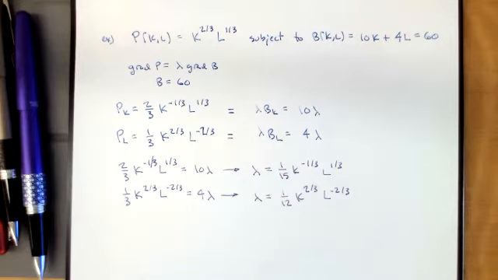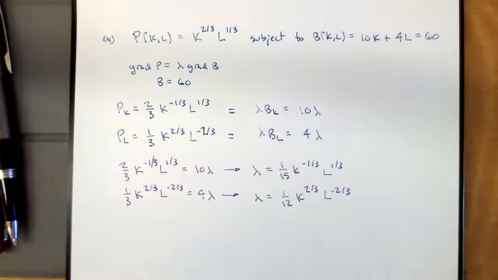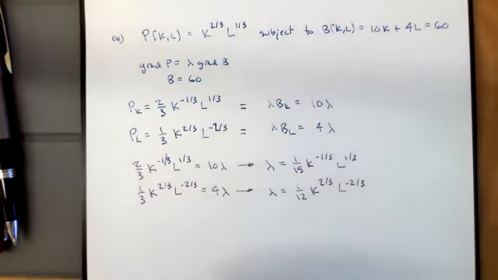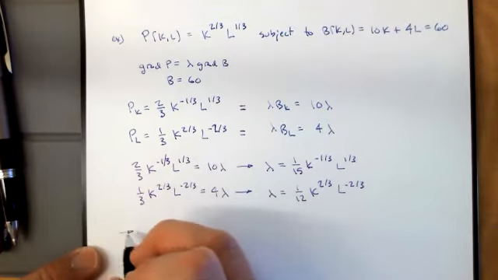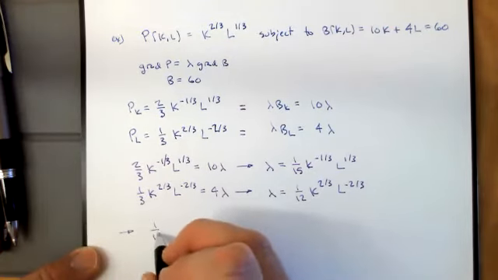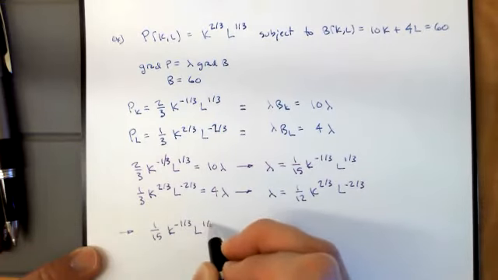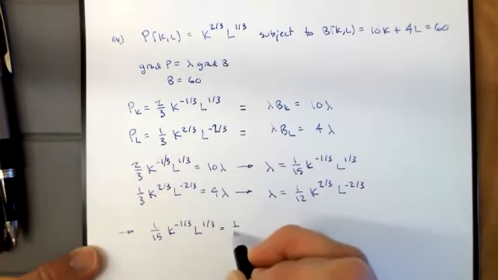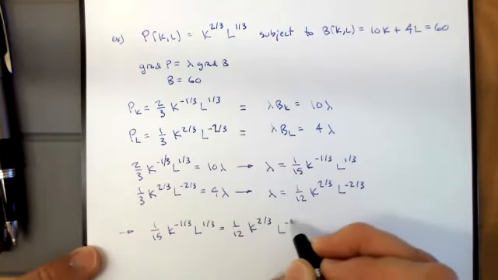The same thing we always do when we're trying to solve systems. Solve one of the equations for one of the variables, plug it into the other equation. So this gives us 1/15 K to the negative 1/3, L to the 1/3 is equal to 1/12 K to the 2/3, L to the negative 2/3.